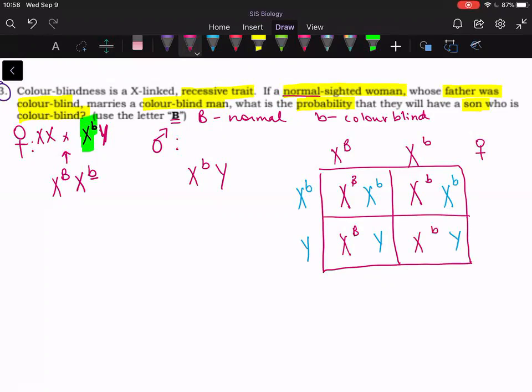So what is the question asking us? It's saying, what is the probability that they will have a son who is colorblind? So let's take my highlighter. I'm only looking at the sons. So I'm looking at this row here, because it has to have a Y chromosome.